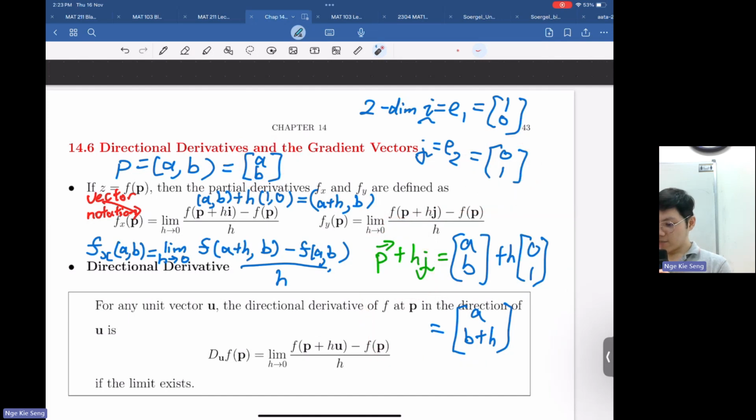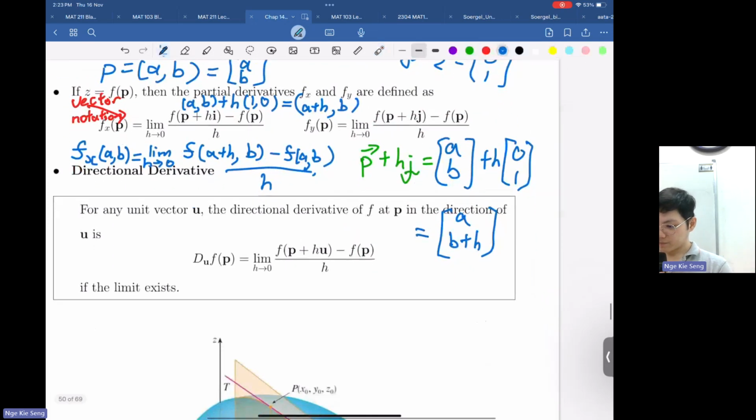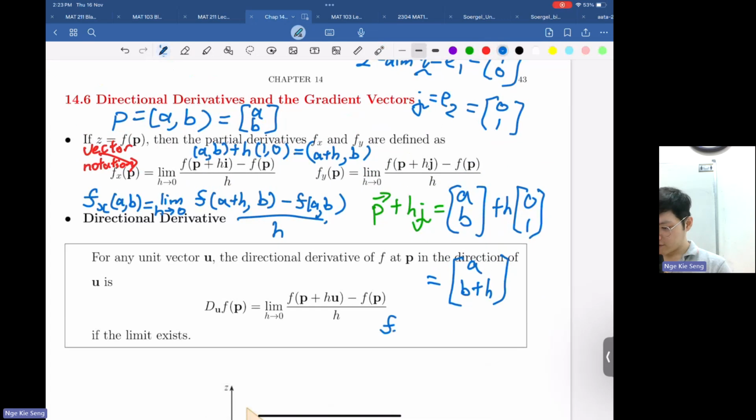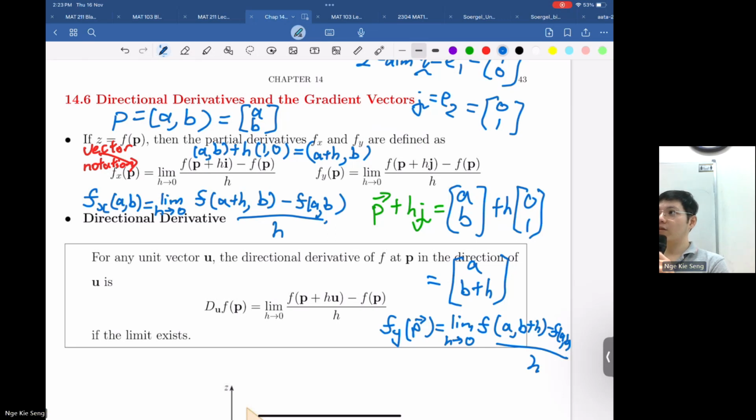So if I plug the whole thing in, fy at p equals the limit as h goes to 0 of f(a, b+h), switching from the vector notation, minus f(a, b), over h. This is exactly the definition we had before. We make changes in y, so this is the partial derivative in y. Does it make sense?